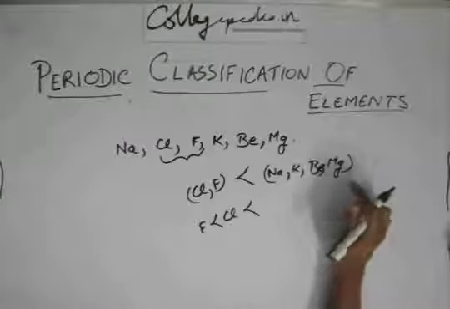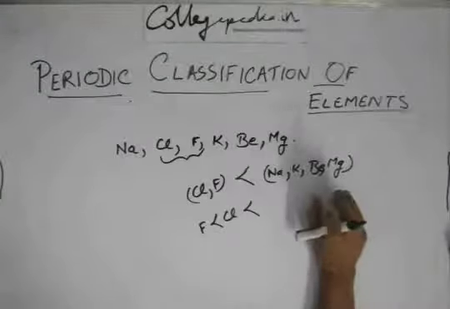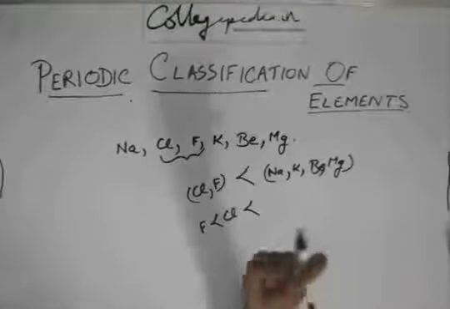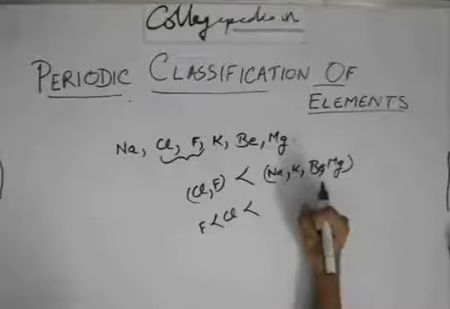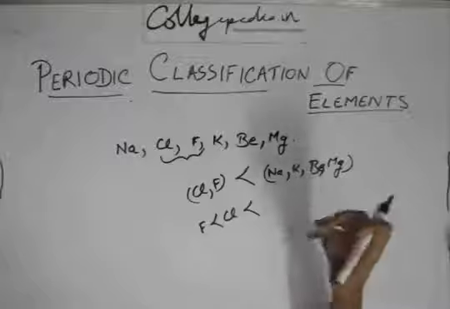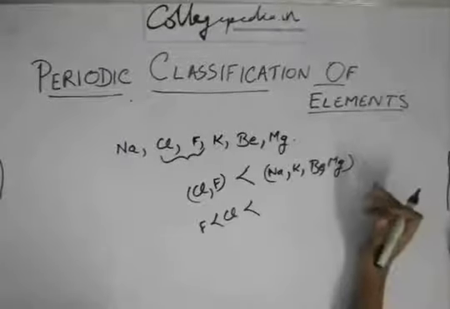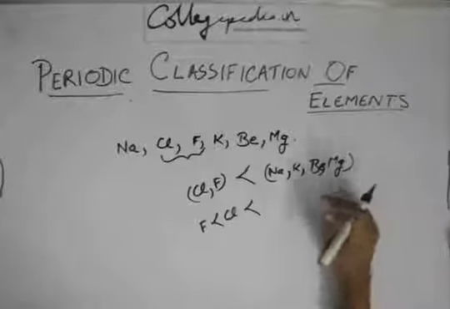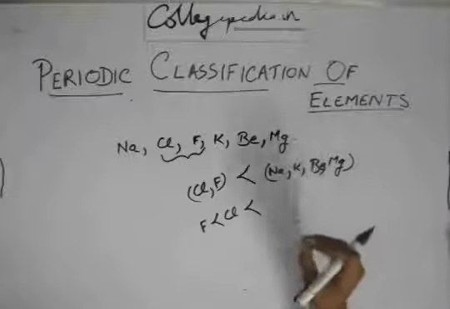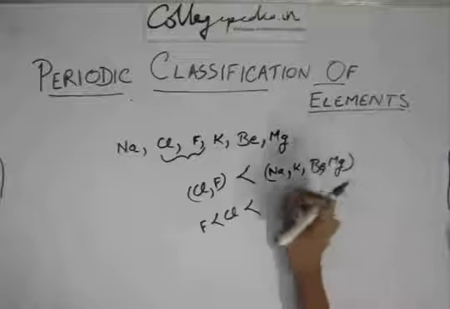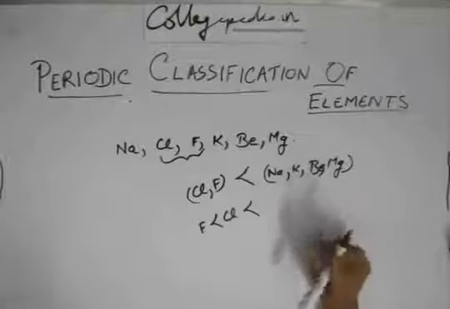The smaller the size, the greater is the nuclear force of attraction, and thus the nucleus would not want to let these 2 electrons leave the atom. So they would not behave as metallic as sodium and potassium.